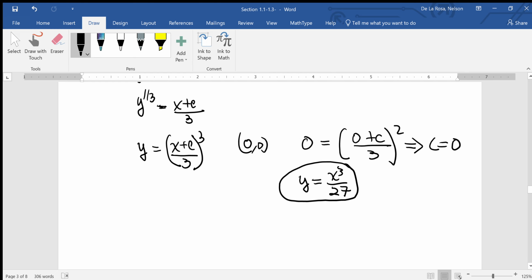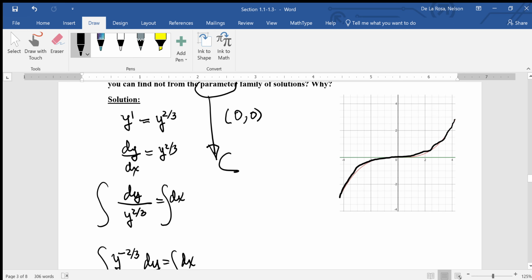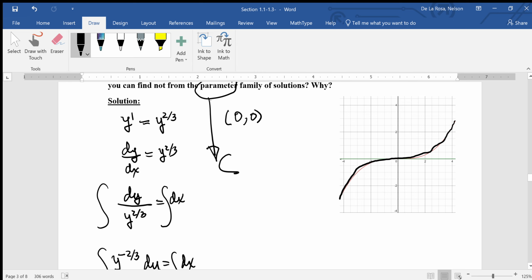Yes, there is one. And what solution is that one? That solution is y equals 0. And that solution is going to be the x-axis, right? This is the x-axis, the same as y equal to 0, right?